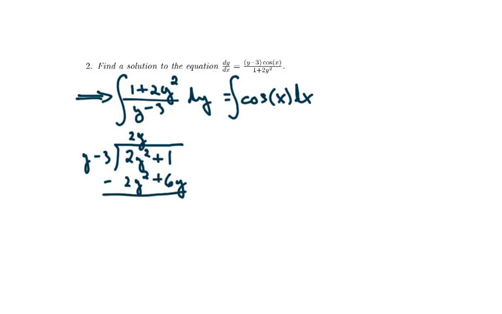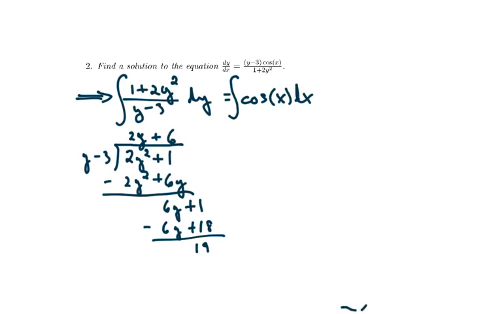And when I subtract that line from the first, my 2y squareds disappear, and I've got 6y plus 1. Now, dividing again, I've got 6, which is going to give me 6y minus 18. And if I subtract this line from the one above, I'm going to be left with 19. And that's my remainder.